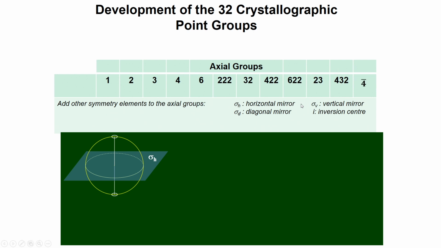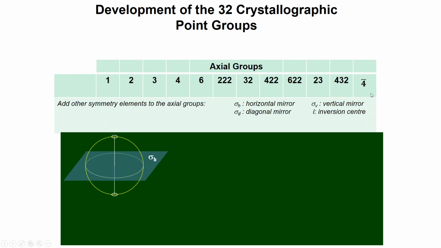So, the main primary rotational axis, in the case of 1, 2, 3, 4 and 6, it is obvious that we can add the mirror perpendicular to it. In the case of 2, 2, 2, we will add a mirror perpendicular to one of the twofold axes. In 3, 2, we will add the mirror perpendicular to the threefold axis, and so on. So, sigma h is called the horizontal mirror.